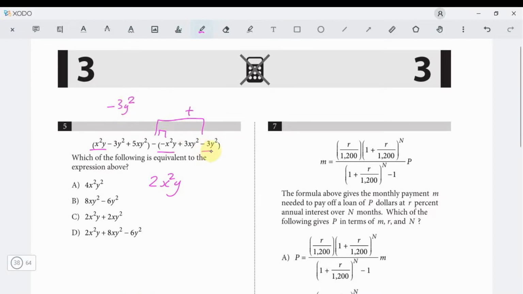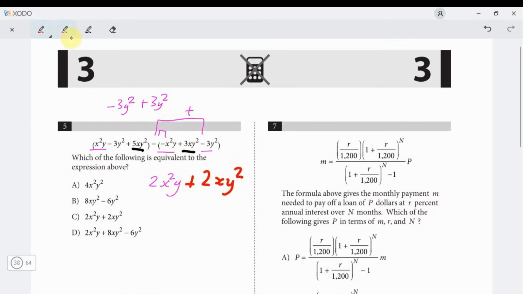Then from this side it becomes plus 3y squared. Those cancel each other. Then finally, let me just change the color. We have a 5xy squared, and then we have a minus 3xy squared that becomes just plus 2xy squared. So that is your answer. That looks like option C. Easy question so far.